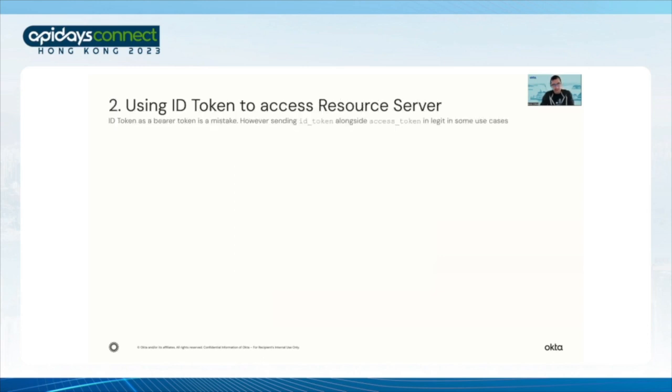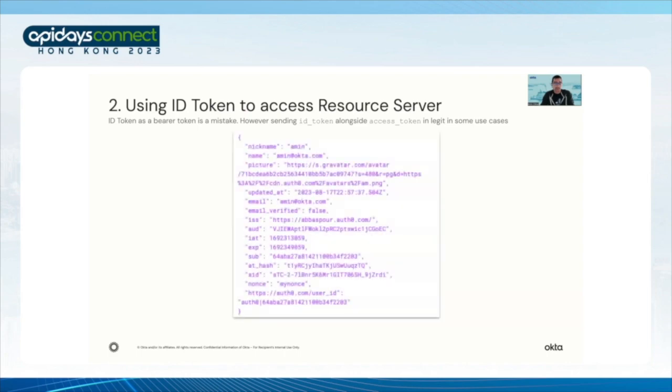The other thing is passing the ID token as a bearer token in place of the access token. This is another common mistake that I've seen developers make. The ID token is an artifact, by the way, of OpenID Connect, not OAuth2, but since these two are very close, I would like to talk about ID tokens as well.